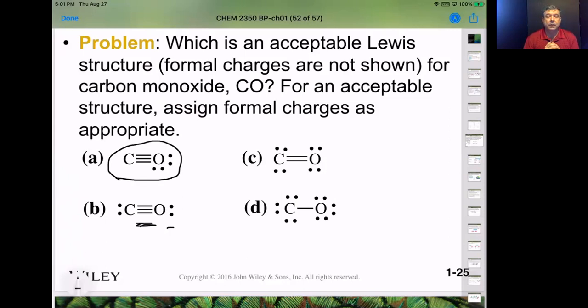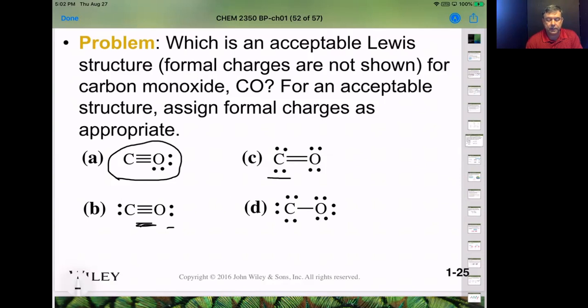Just by counting the electrons around each atom, I think we have 6 electrons near the carbon and 10 electrons around the oxygen. That is an inappropriate Lewis dot structure, because both of those atoms want 8 electrons around them.